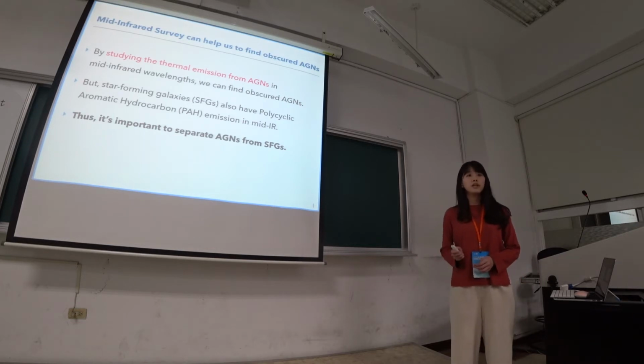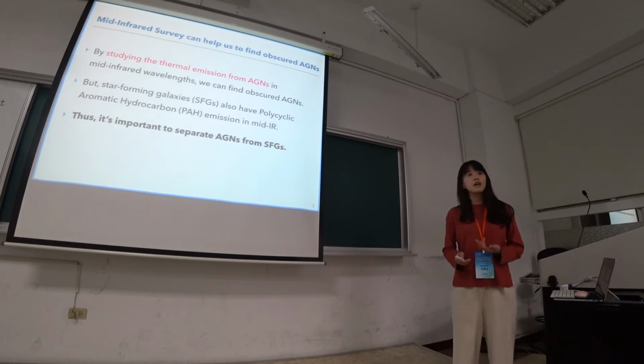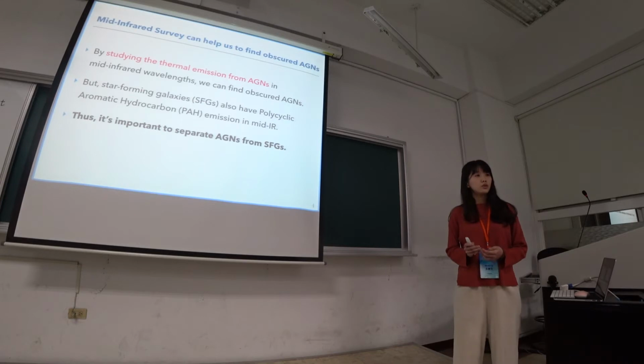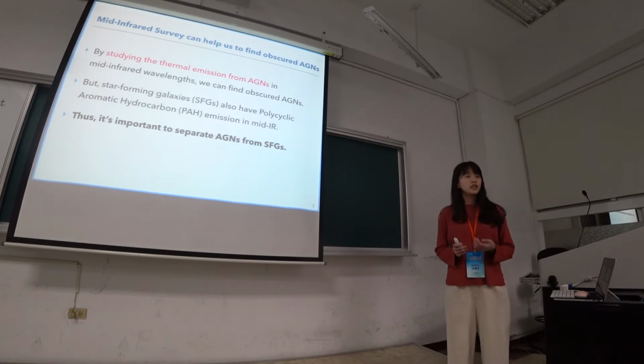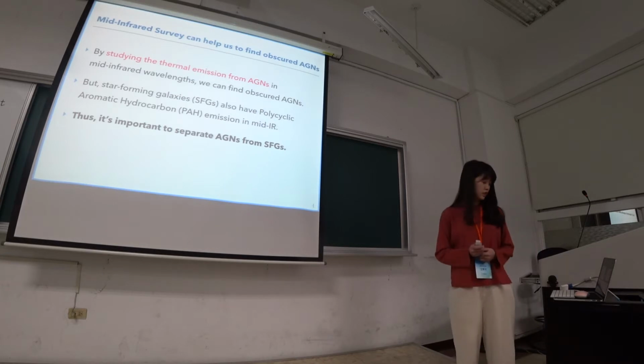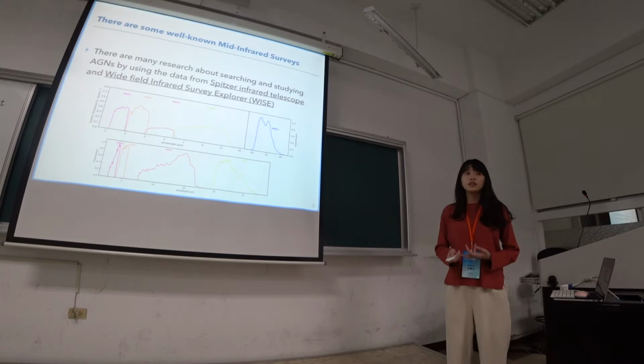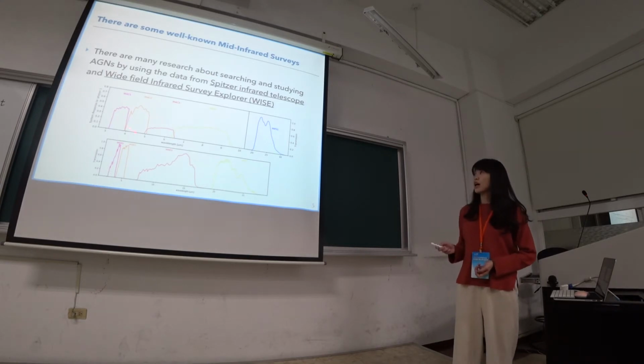But in the mid-infrared wavelengths, star-forming galaxies also show strong PAH features. Therefore, if we want to use mid-infrared data to detect AGNs, it is very important for us to separate AGNs from star-forming galaxies. And actually, there are some well-known mid-infrared surveys such as Spitzer and WISE.